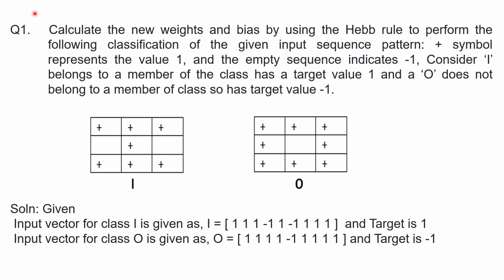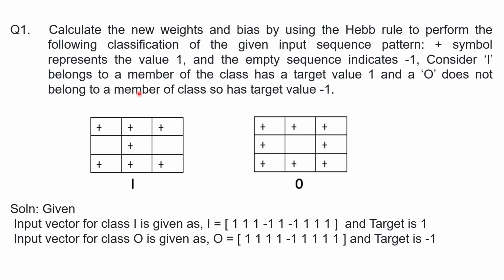Now we shall see a simple numerical to solve the given input sequence pattern using Hebb's rule. Calculate the new weights and bias by using Hebb's rule to perform the following classification of the given input sequence pattern. Plus symbol represents a value 1 and the empty sequence indicates minus 1.